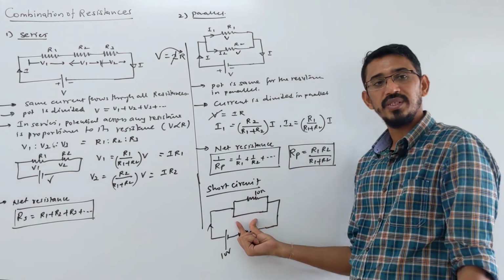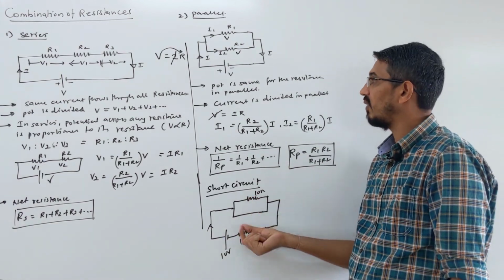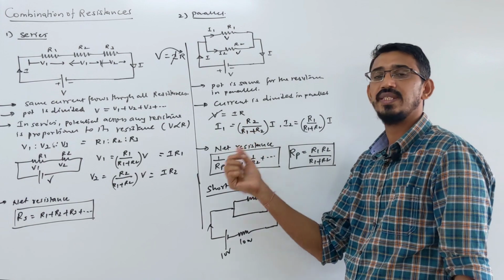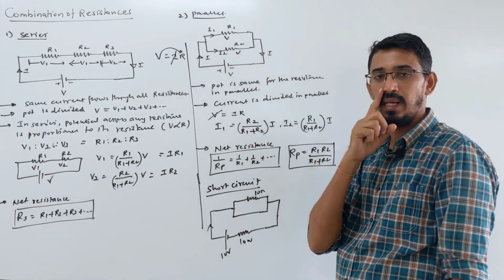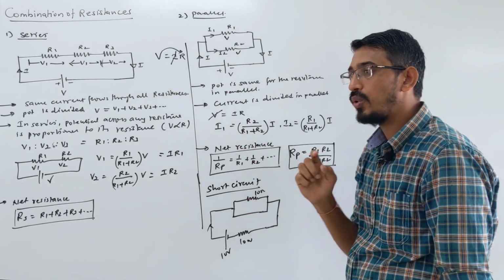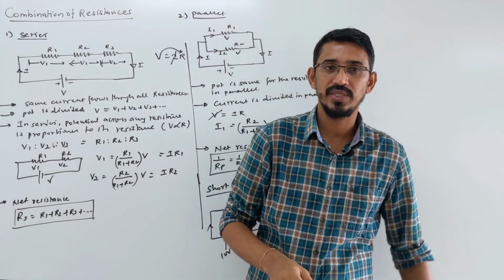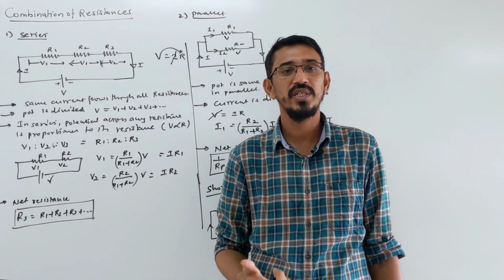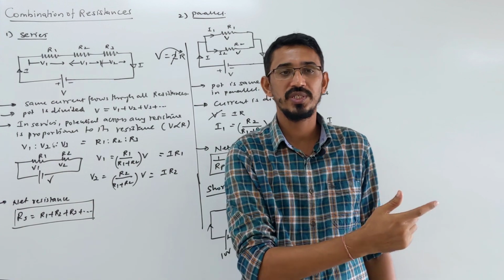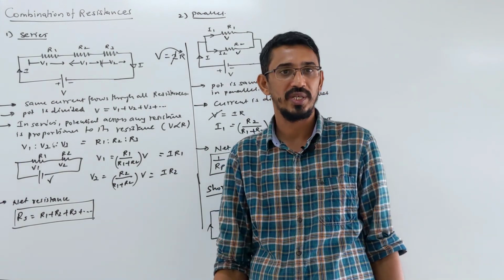This wire has zero resistance, connected in parallel. Current and resistance are inversely proportional in parallel, so current wants to go in the path of minimum resistance. If some path has zero resistance, then all current will flow through that path. That path is called a short circuit.